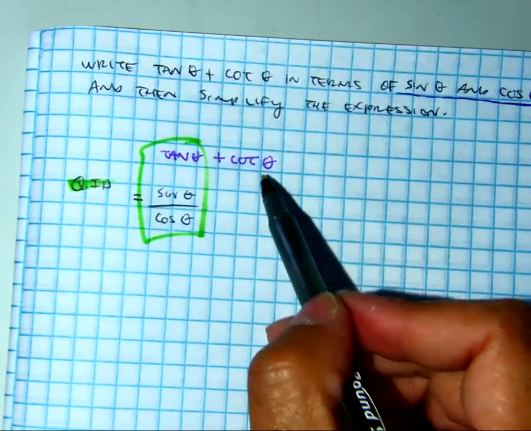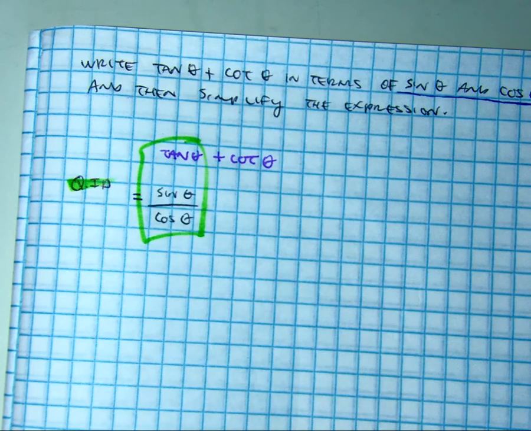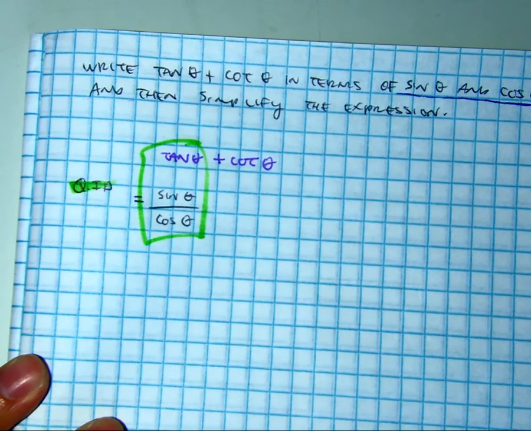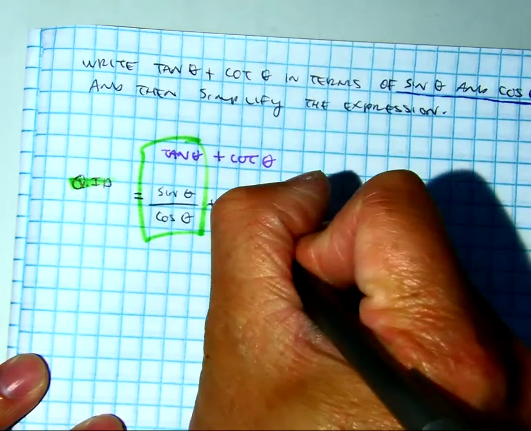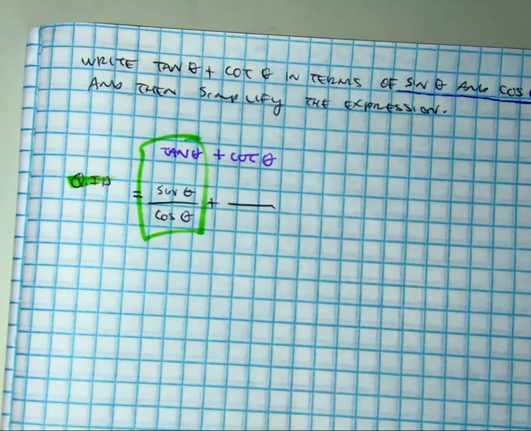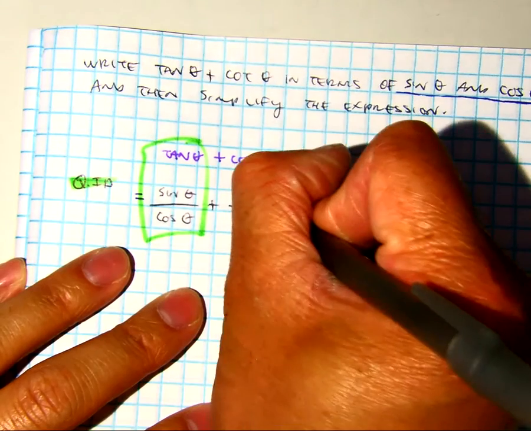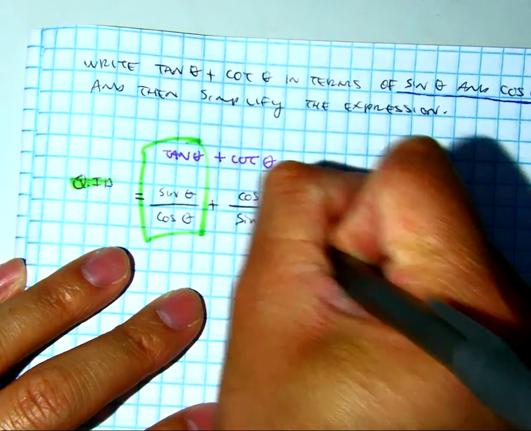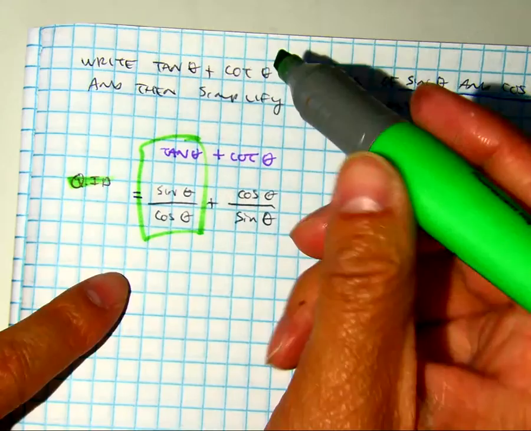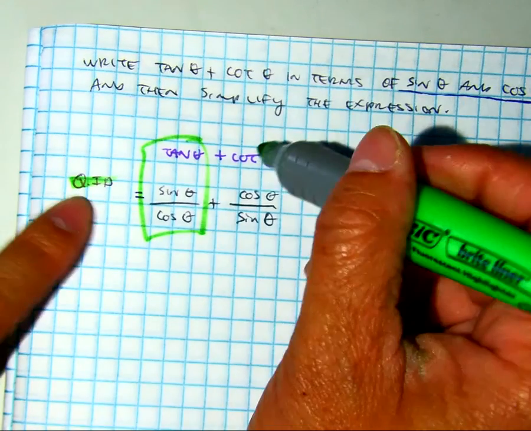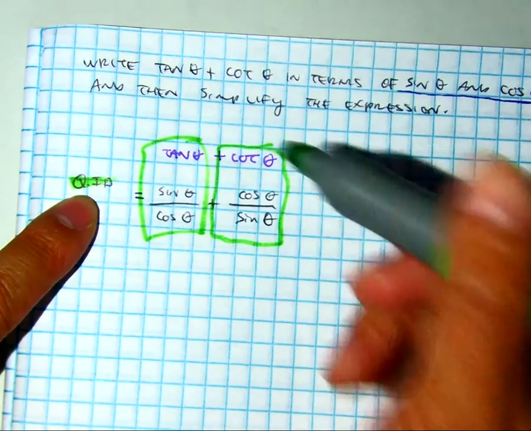Daphne, cotangent. Cosine over sine. Why? The quotient identity.